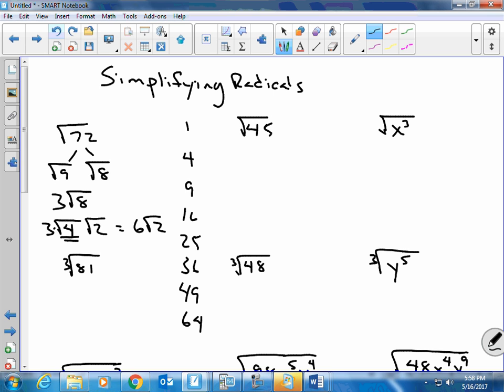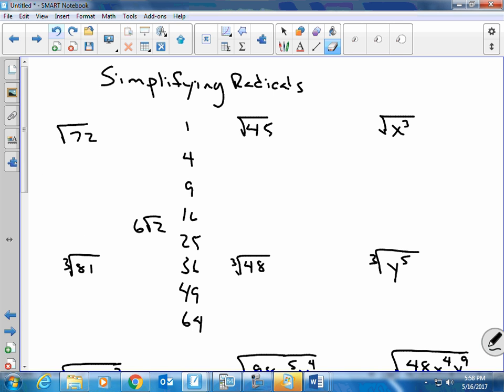All right. So I did it using 2 different steps, but I could have, let me get rid of this. We know that's my answer. I could have broken 72 down right away into the square root of 36 times 2, because 36 times 2 is 72. And I know the square root of 36 is 6, and the square root of 2 is just the square root of 2.